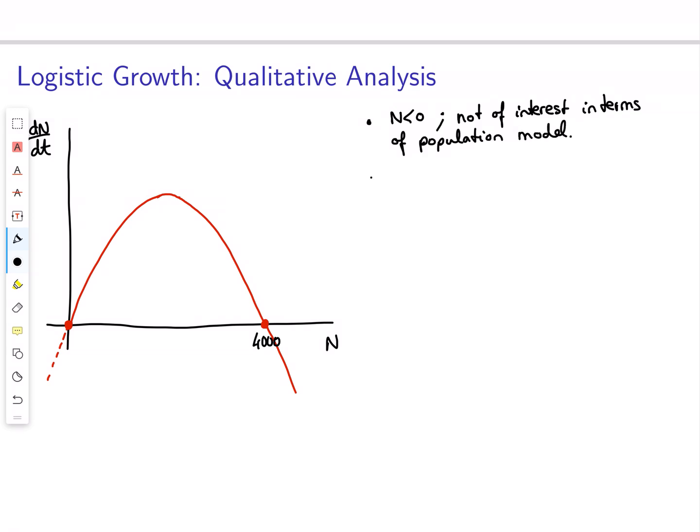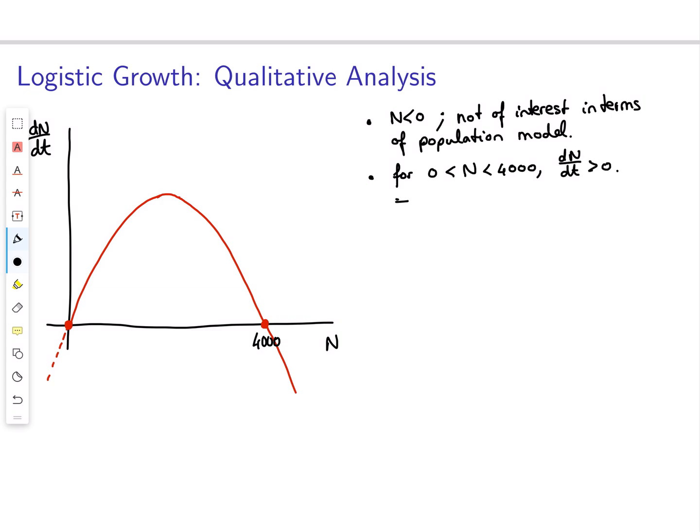And then let's take a look at the case where N is between 0 and 4,000. In that particular case, we see that the graph of the right-hand side of the differential equation is positive. And so that says that dN/dt is positive.